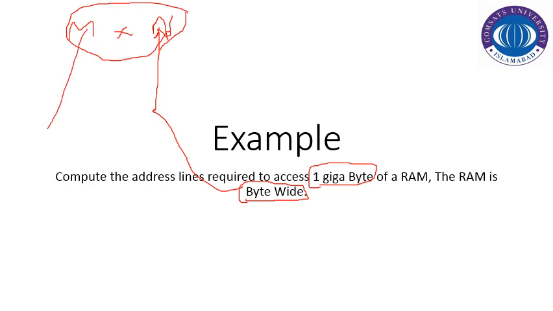M is the number of addressable locations, total locations, and we have to compute K address lines of this RAM having this capacity and this orientation. So let us start this example.